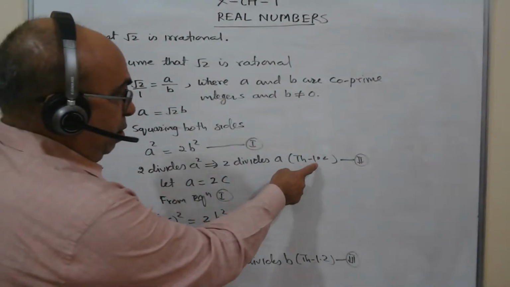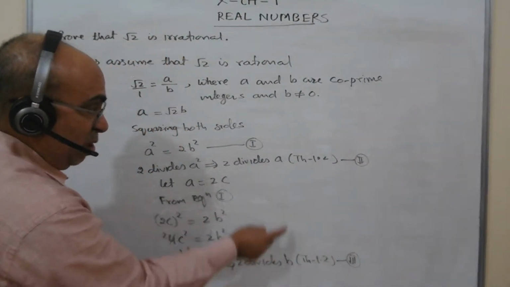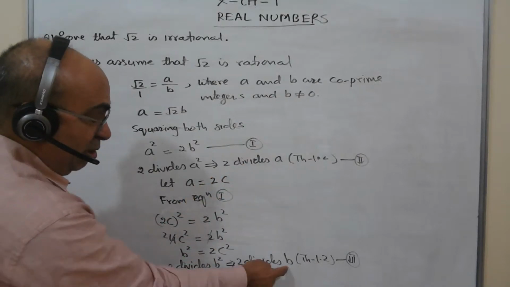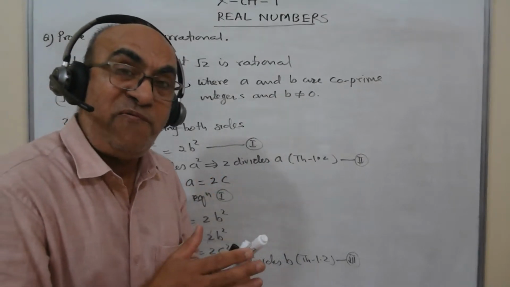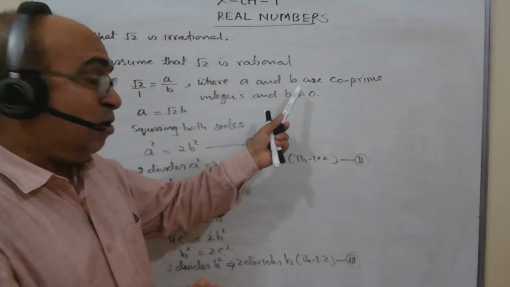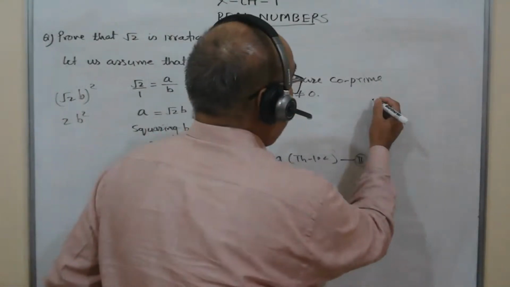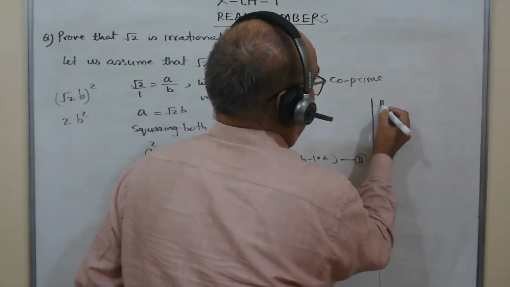So from equations second and third, 2 divides a, 2 divides b. So a and b both are divisible by a common factor other than 1. It means they are not co-prime. So here you can conclude your solution.